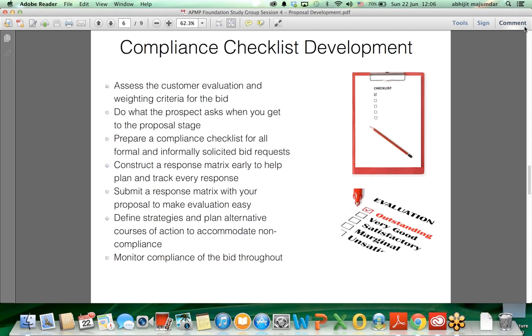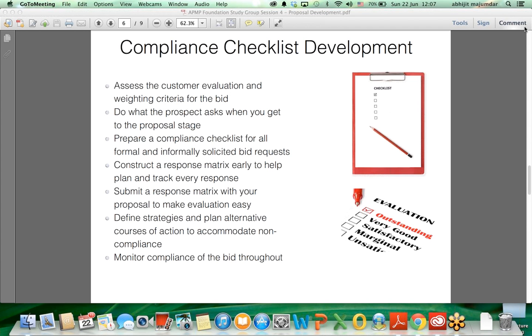Your response matrix is also helpful because it helps the evaluators find the section in your proposal where you have responded. So a response matrix is a way to guide the evaluator to the sections in which you have responded in the proposal.